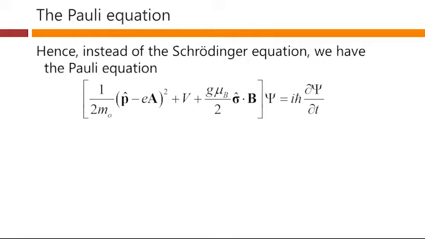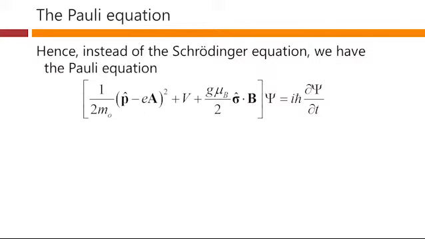Hence, instead of the Schrödinger equation, we have the Pauli equation. Instead of having essentially p squared over 2m0, we've got (p minus eA) all squared over 2m0. We still have the potential here, which could be an electrostatic potential. And additionally, we have this term, which is the effect of the magnetic field explicitly on the spin of the electron.